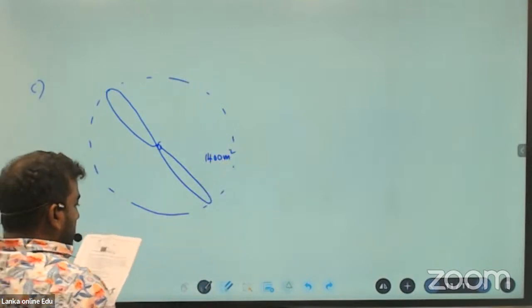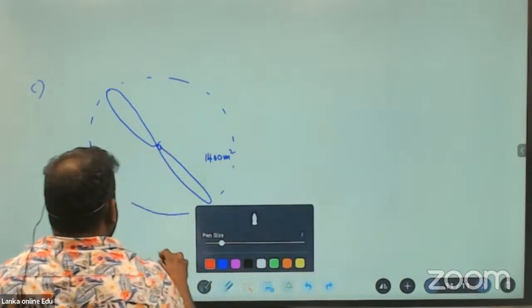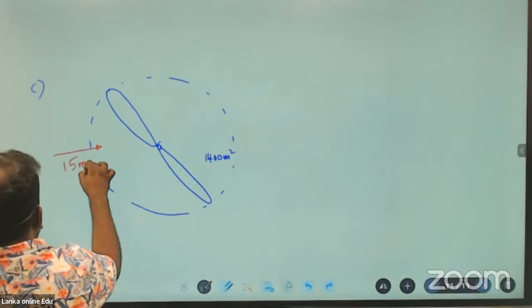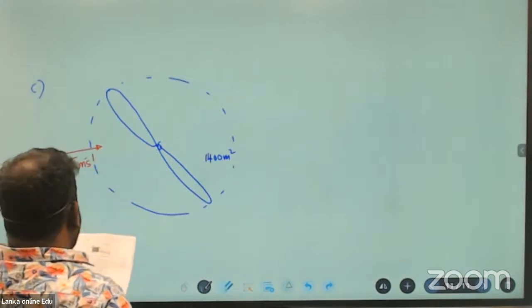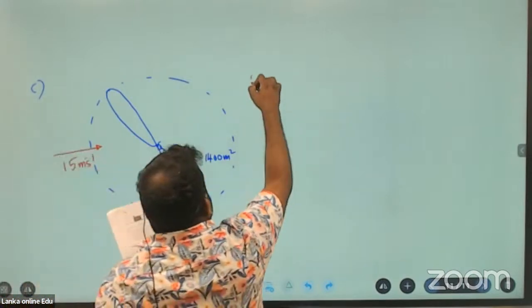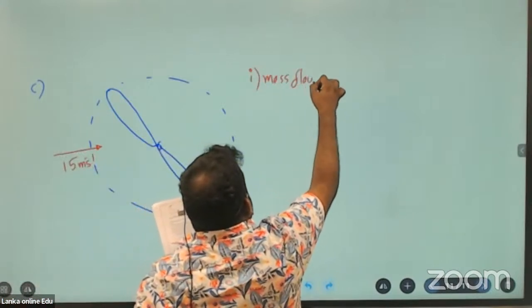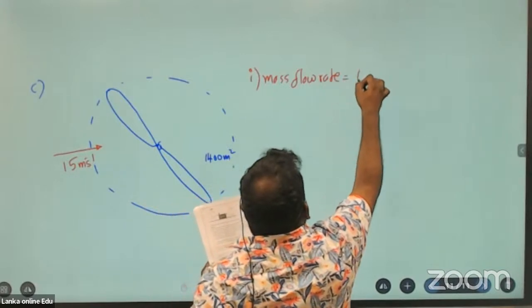Velocity of the wind incident on it is 15 meters per second. Find the mass flow rate.